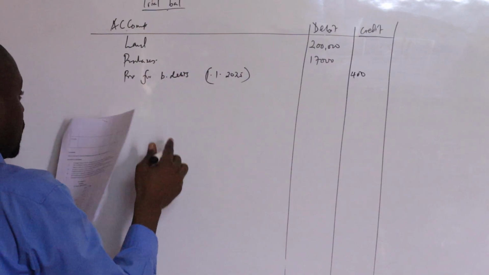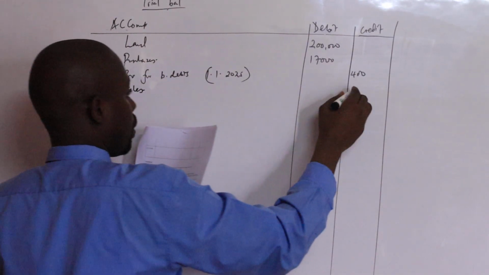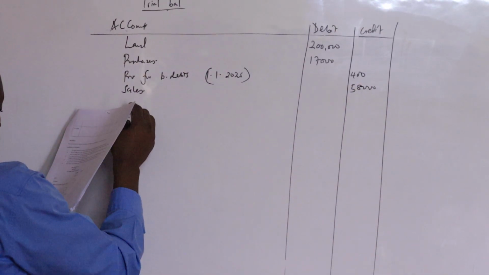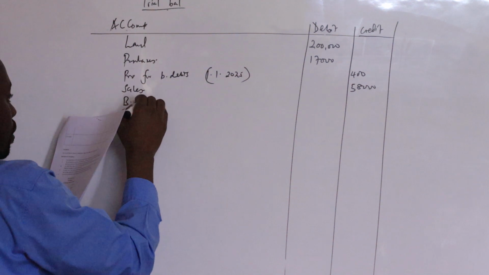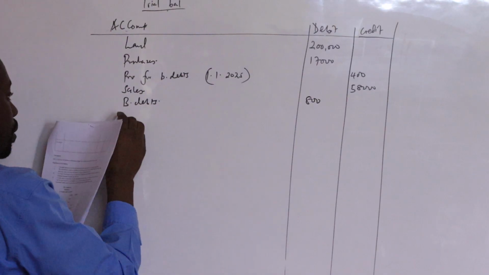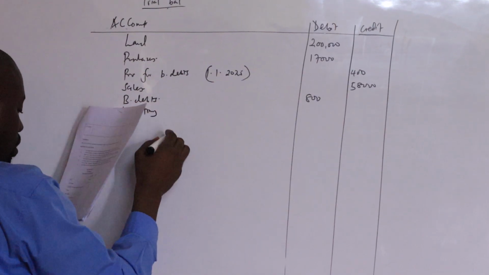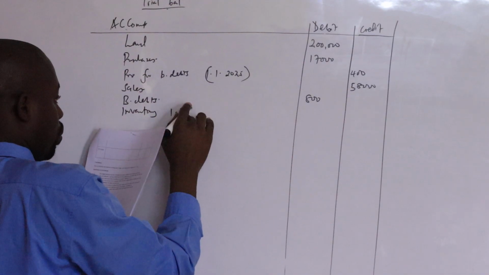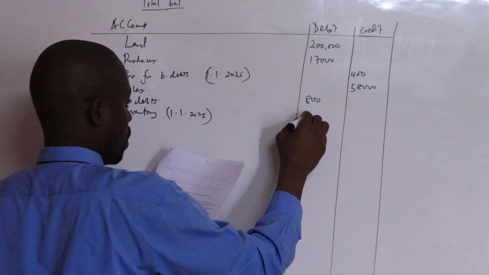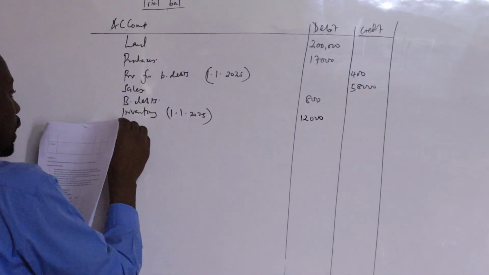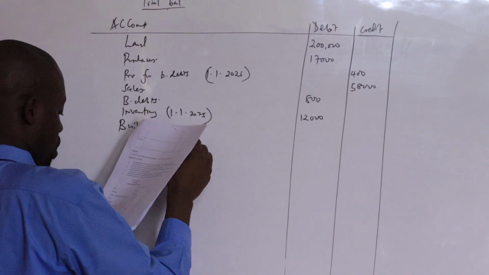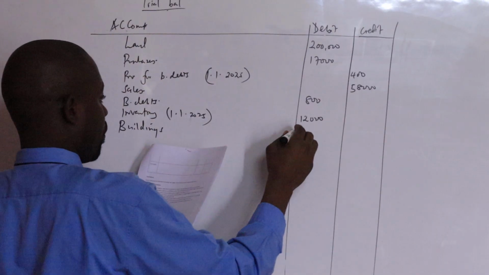You've got sales 58,000. You've got bad debts 800. Inventory, 1st January 2025, is 12,000. Buildings, you have it at 75,000.